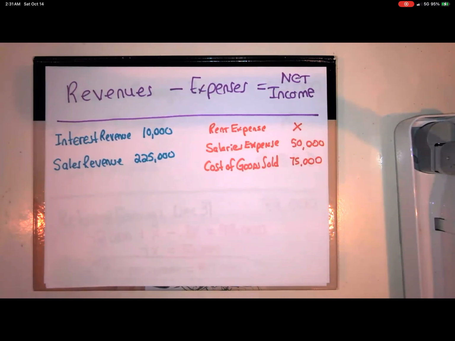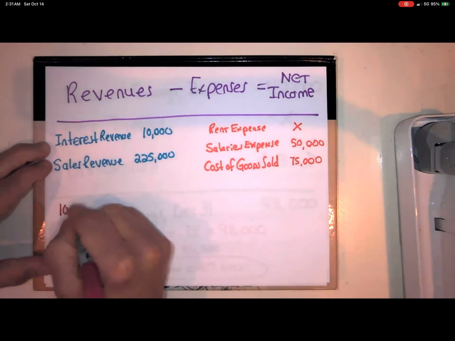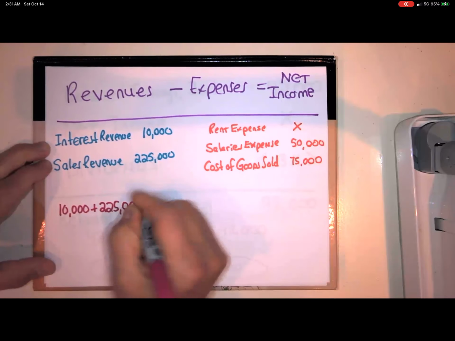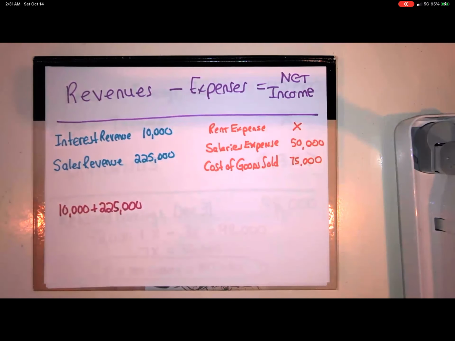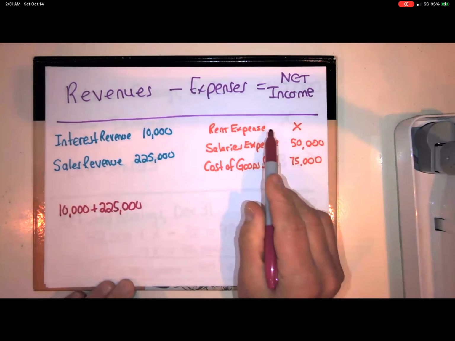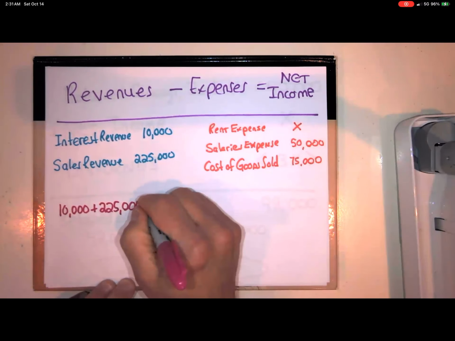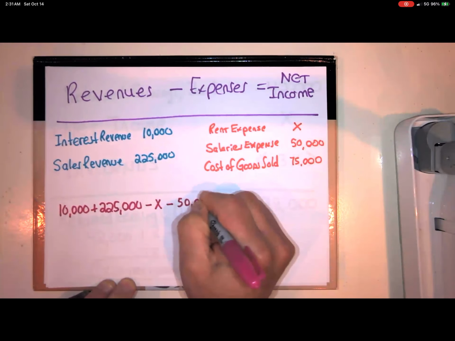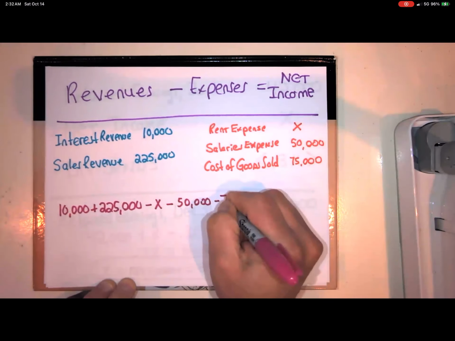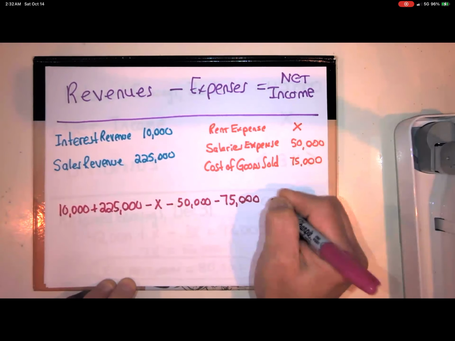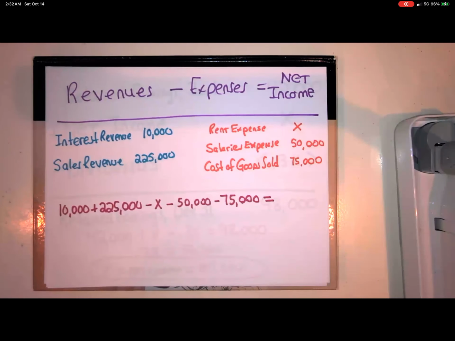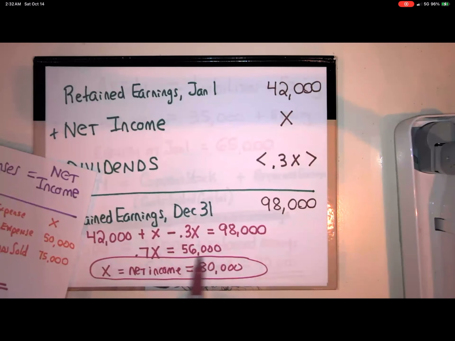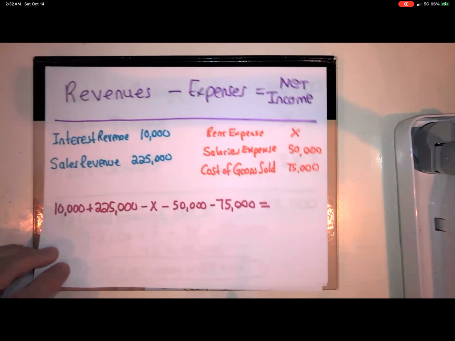The revenues, 10,000 plus 225,000, interest and sales, minus the expenses, these three: X for the rent expense, minus 50,000 for the salaries, and minus 75,000 for cost of goods sold. And all of that equals our net income that we just calculated to be $80,000.